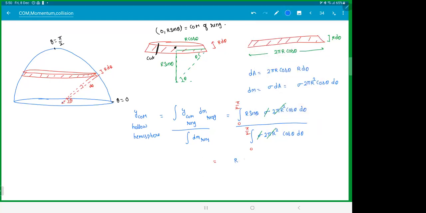When r comes out, you are left with sine theta cos theta d theta from 0 to 90 by integral cos theta. Integral sine theta cos theta can be written as sine 2 theta by 2.